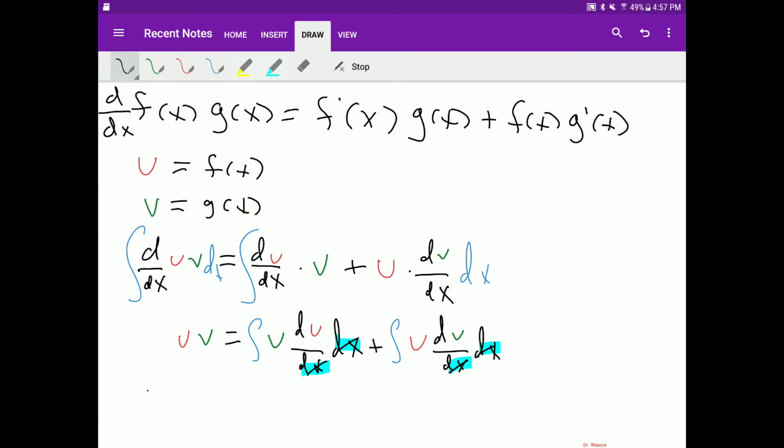So the integral of the function u times dv is equal to the function u times v minus the integral of the function v times du. Remember, the dx's up there can cancel.